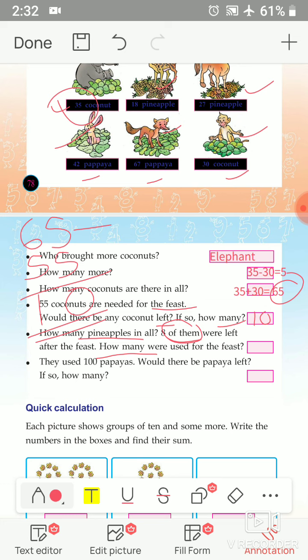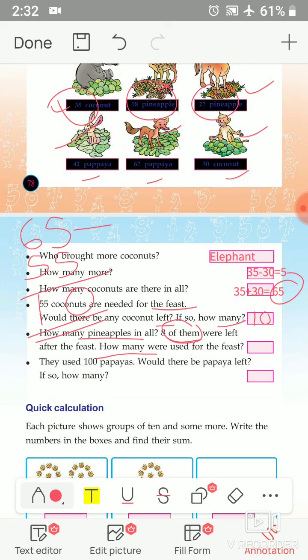Then what will we do? First we have to find how many pineapples in all, in total, that the animals collected. Then look at these. Yes, the deer collected 18 pineapples and the horse collected 27 pineapples.